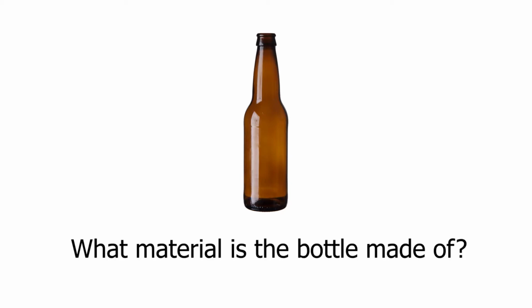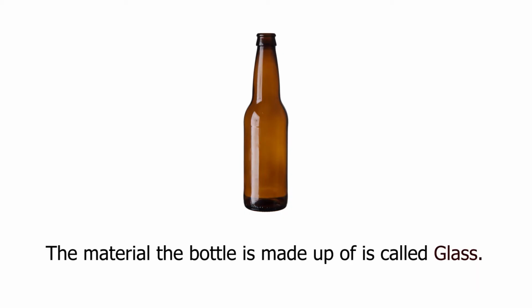So, here we have a few objects. We have a bottle. Can you tell me what that bottle is made up of? Yes, you're correct. The material that makes up that bottle is called glass.